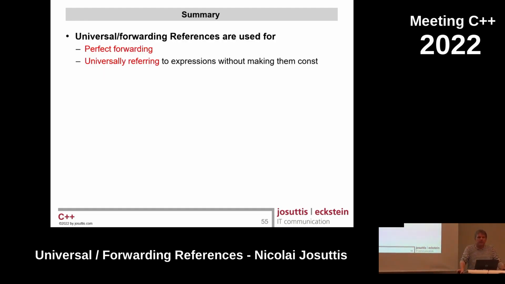OK. So universal forwarding references are used for perfect forwarding and universally referring to expressions without making them const. So they deserve both terms, universal reference and forwarding. What I don't like is that I always have to explain that a forwarding reference is not forwarding unless you call forward for it.